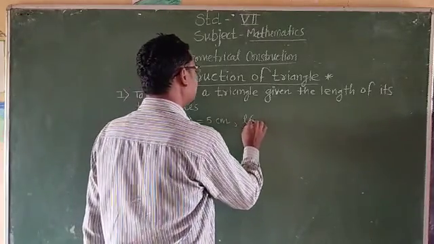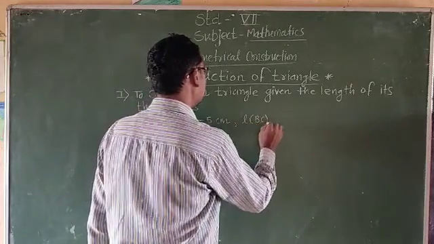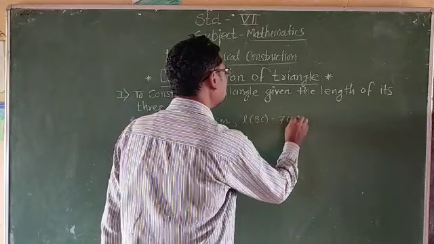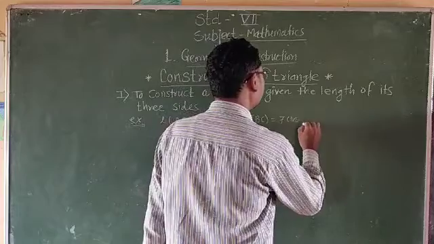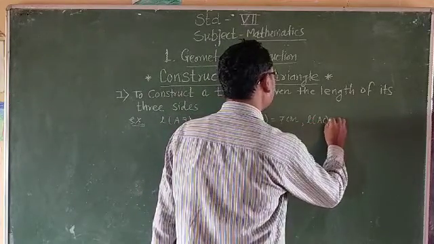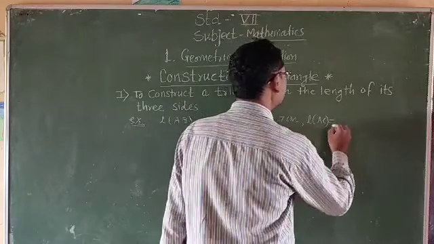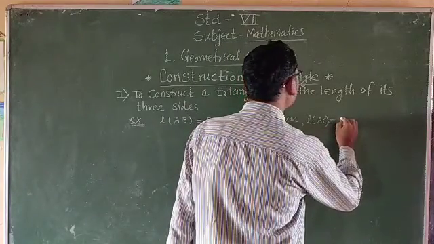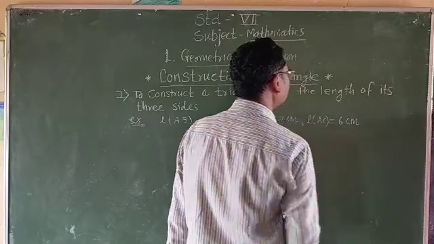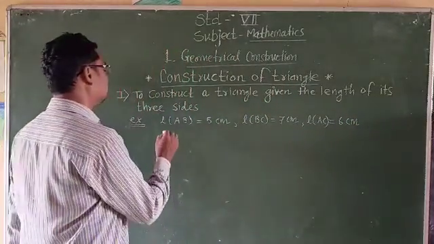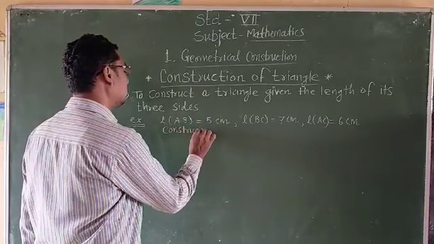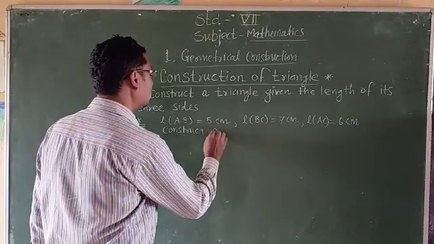Length of BC equal to 7 centimeter and length of AC equal to 6 centimeter. We have to construct triangle ABC.